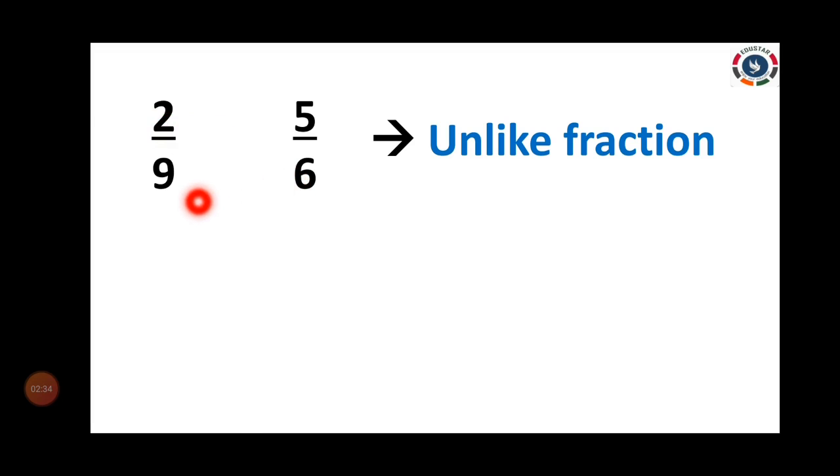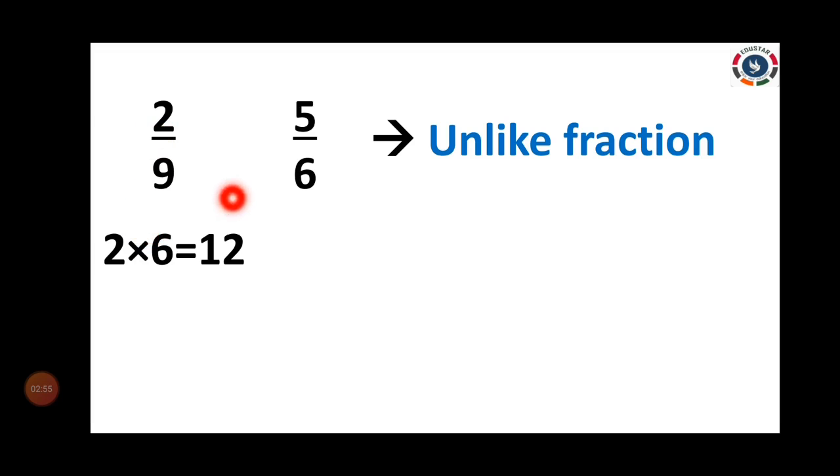Then the second number's numerator and first number's denominator you have to multiply. First you write 2 into 6, where the 2 is in the numerator, and write it in the same place here.